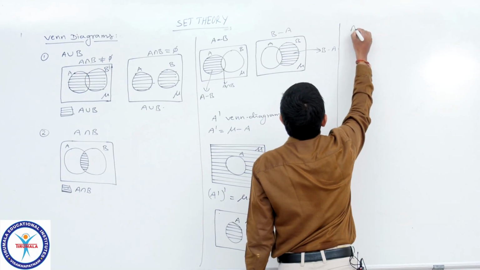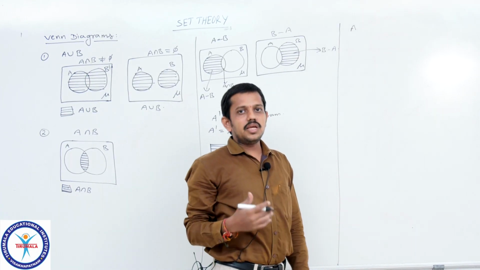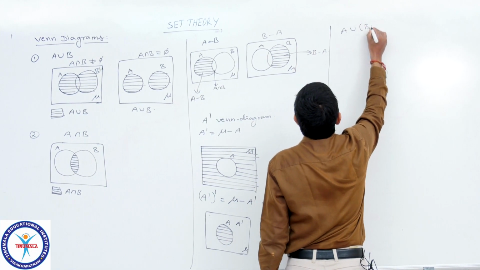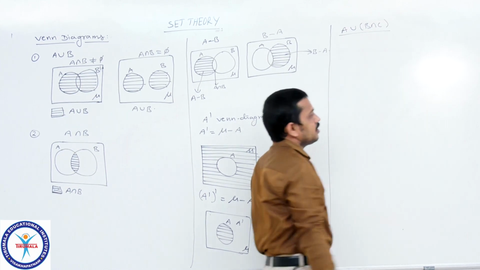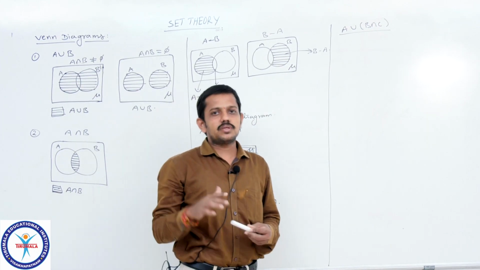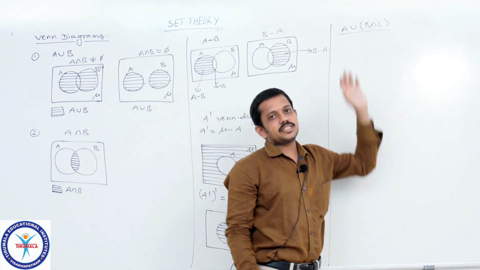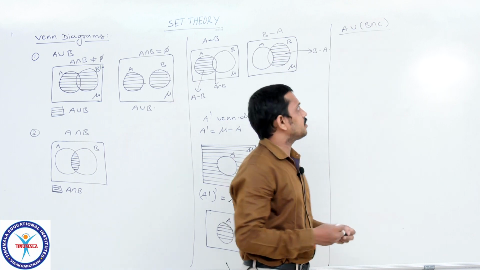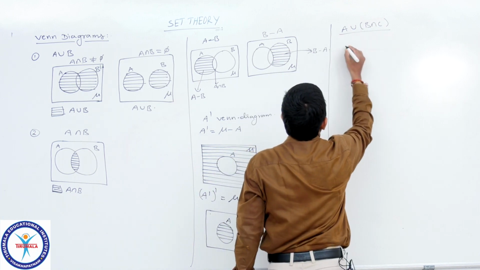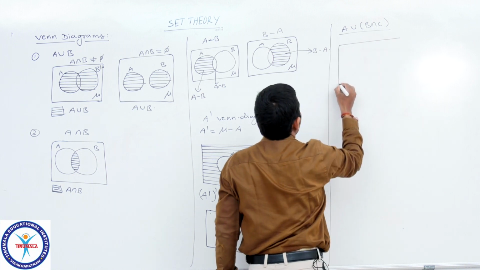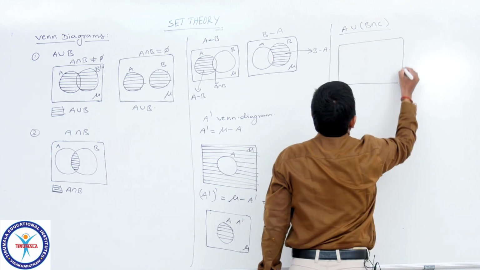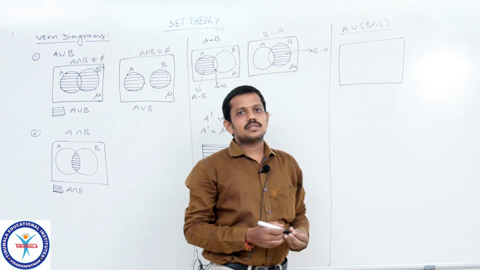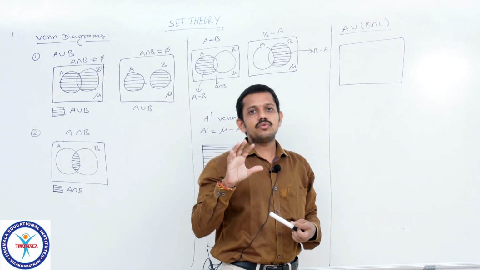Suppose we take any three sets, then what are the Venn diagrams for A union B intersection C? Now, we will see some more Venn diagrams for A union B intersection C, and A intersection B union C. So, first one, A union B intersection C. Here we will consider the universal set, since all the sets are considered under a universal set.